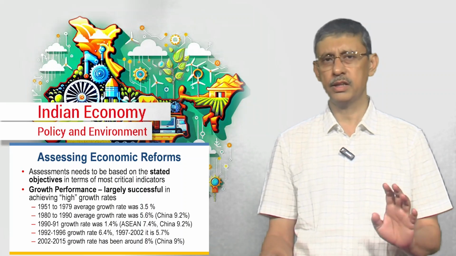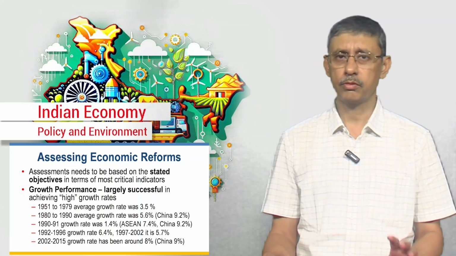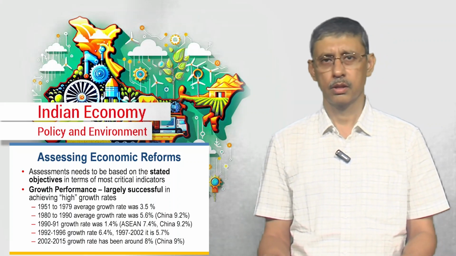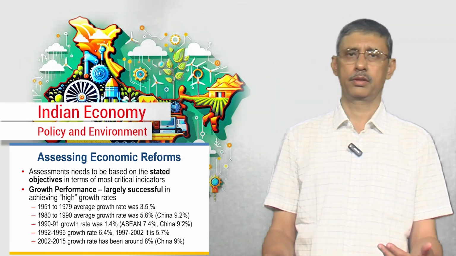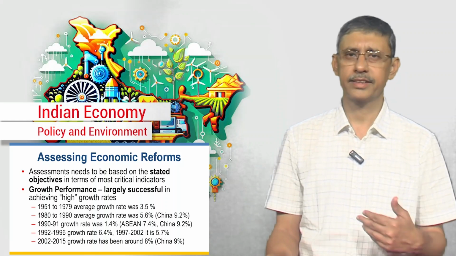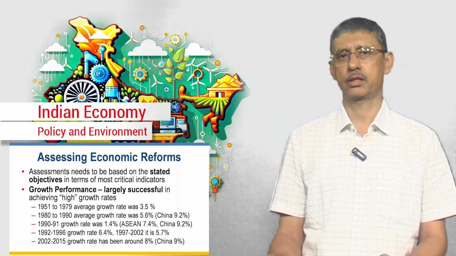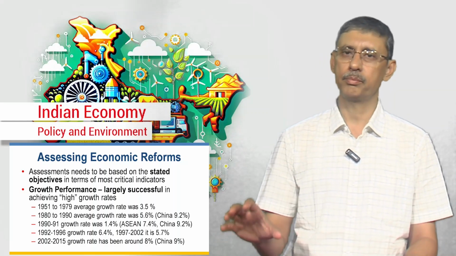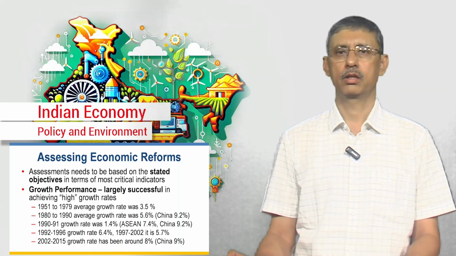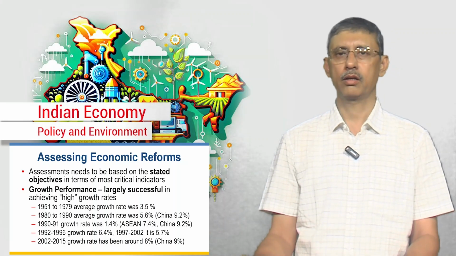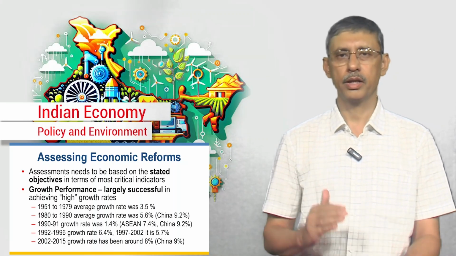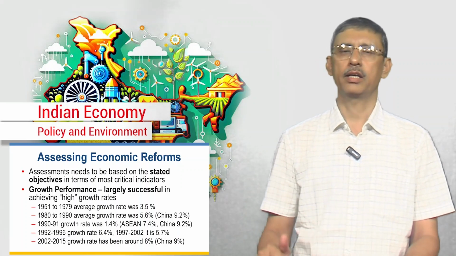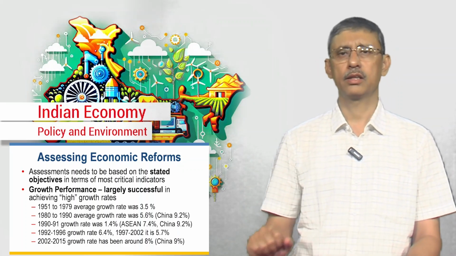So the first question, whether economic reforms could produce accelerated growth or not, we can say largely yes: during the period of reform, we have a higher growth rate compared to the entire period of planning that we had, which is actually 3.5%.